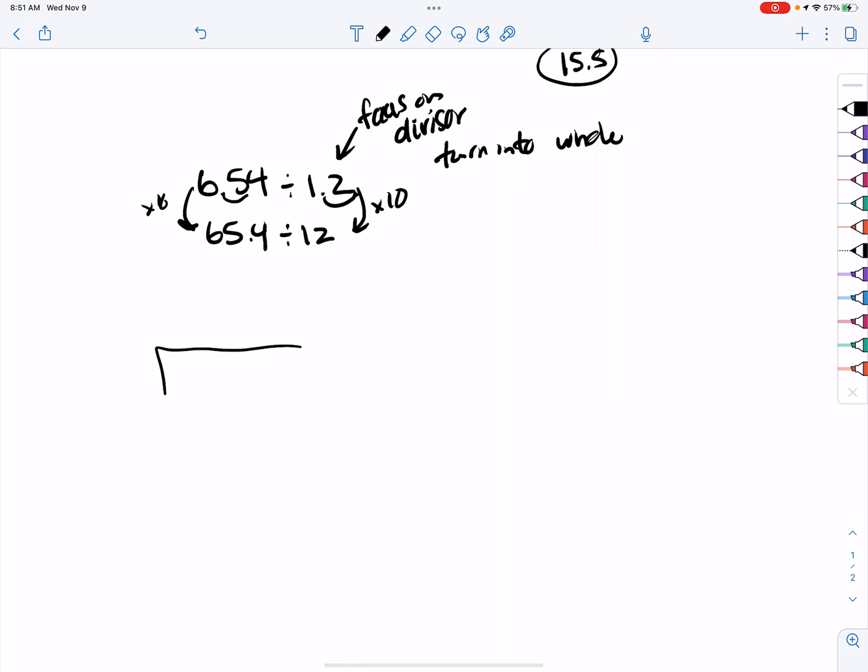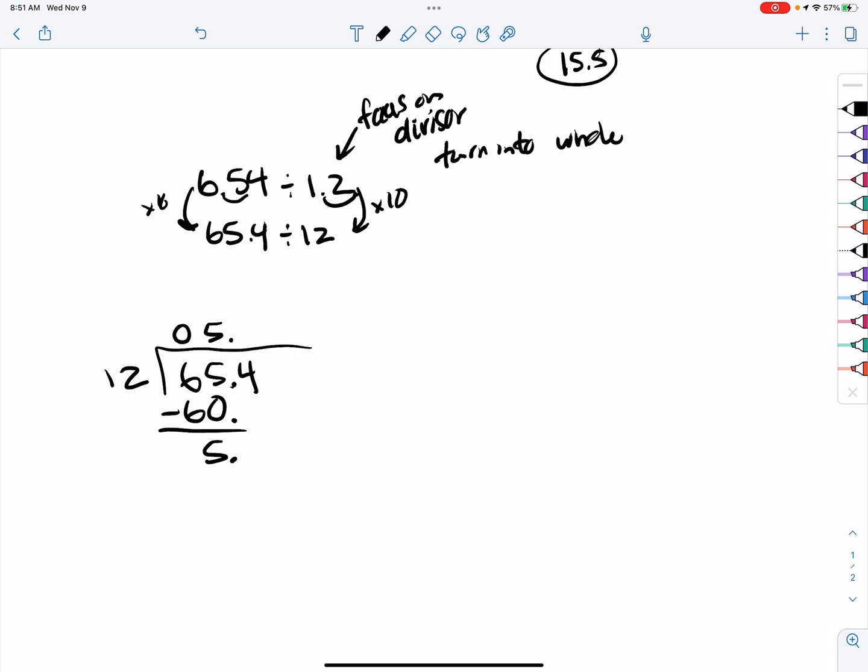So again, I will do long division first, 65 and 4 tenths divided by 12. So I know 12 doesn't go into 6, but 12 does go into 65. I know 12 times 5 is 60, and that leaves me with 5 ones. So I'm going to bring my decimal points, keep those all nice and lined up.